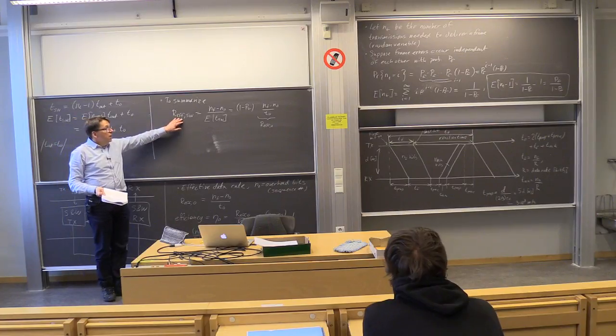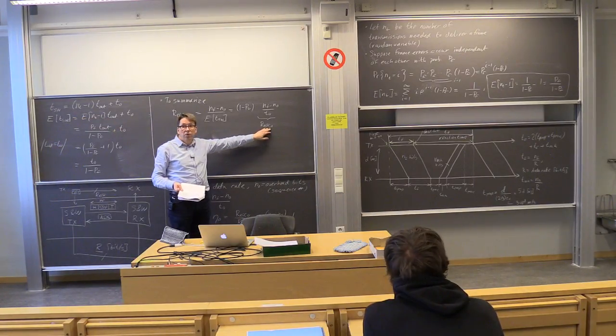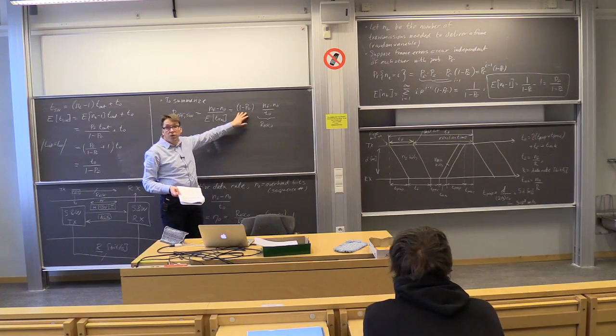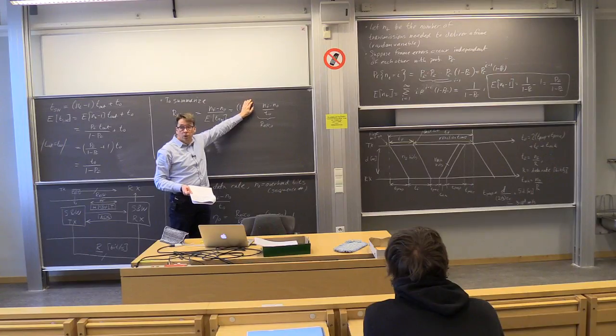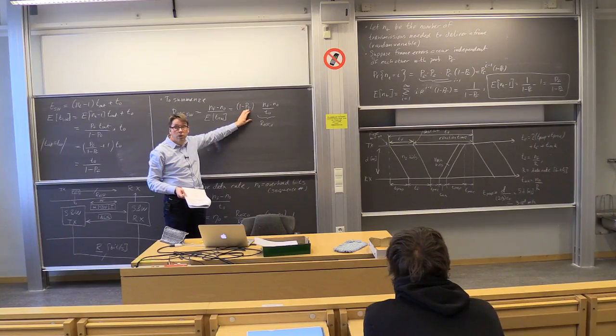So we see that the effective data rate is the effective data rate when we have no errors multiplied with this number, 1 minus PF. So when PF is 0, we indeed get the data rate that we get with 0 errors. If PF is increasing, we see that we get less and less. So this is the impact of errors.